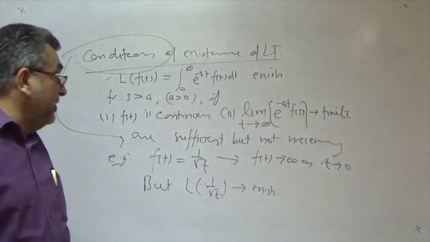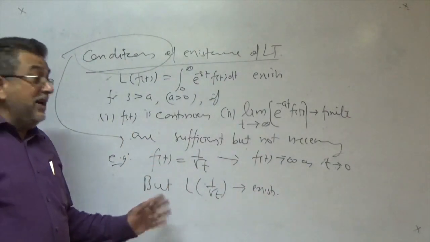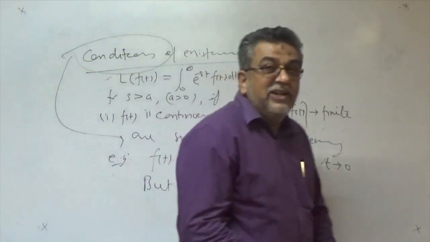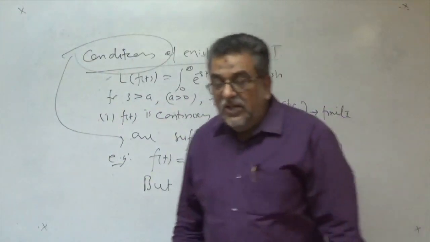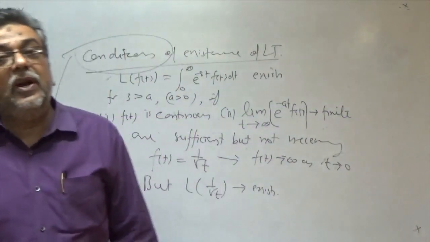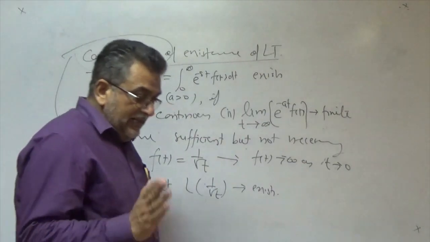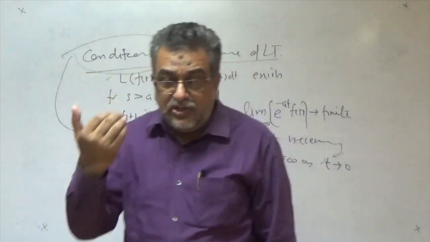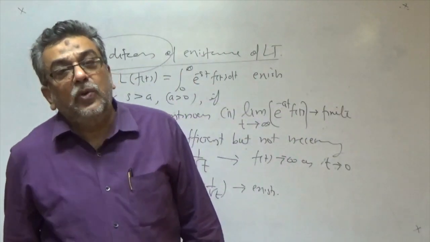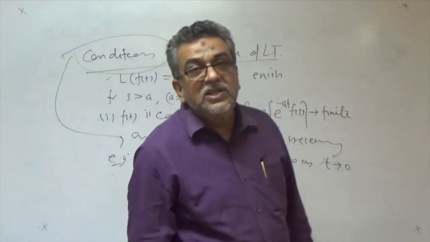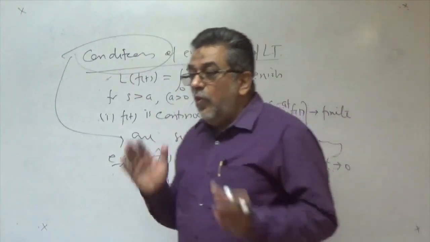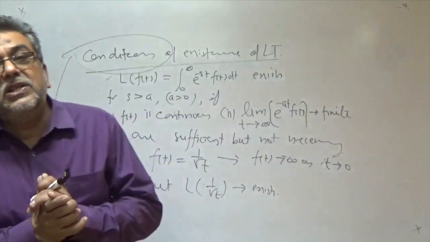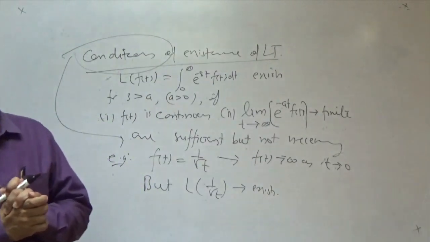So this is very interesting, and on the basis of this fact, you can say that these conditions are sufficient but not necessary. Now, these are the basic things about the Laplace transform. I told you about the history of the Laplace transform, who invented it, who discovered it, and what the basic formula for the Laplace transform is.